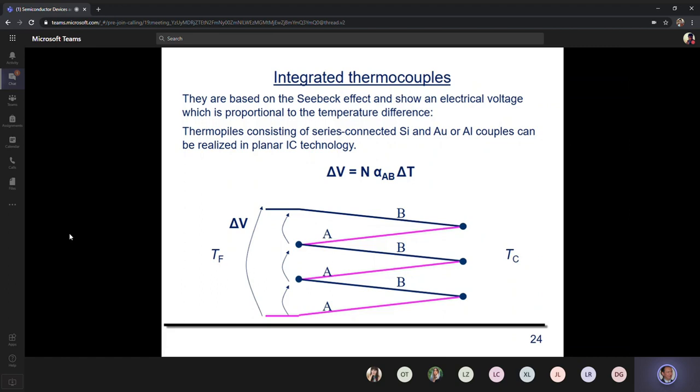The result of this will be twofold. One is that the distribution of the electrons in the two materials will become non-uniform. Okay?